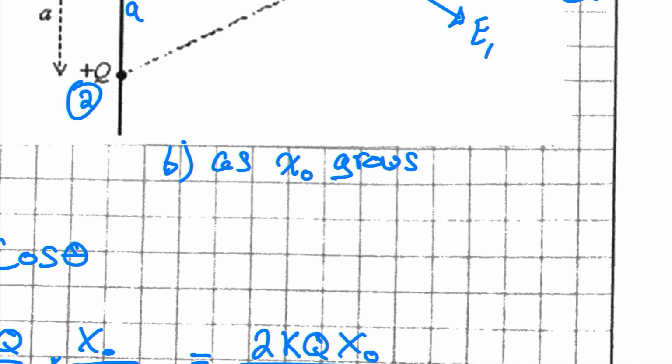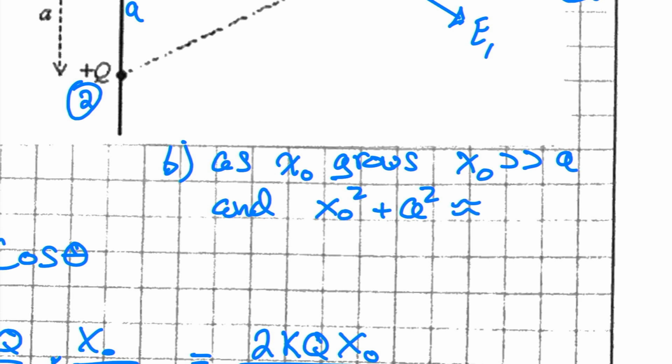So as it grows larger, x naught becomes much, much bigger than a. And x naught squared plus a squared will approximately become x naught squared. r will approximately become x.